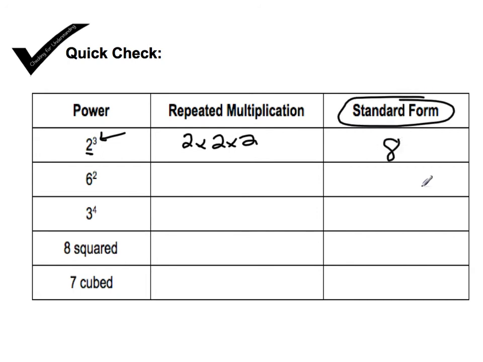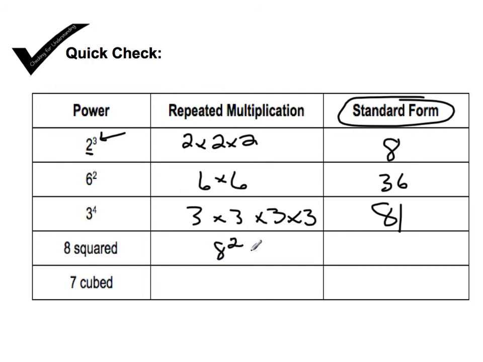So 2 times 2 times 2 is 8. 6 squared is 6 times 6, and in standard form, it's just the answer, so 36. 3 to the power of 4 is 3 times 3 times 3 times 3, and you get 81. And then you get 8 squared, which is 8 times 8 as repeated multiplication. You get 64. And 7 cubed is 7 times 7 times 7, 3 times.